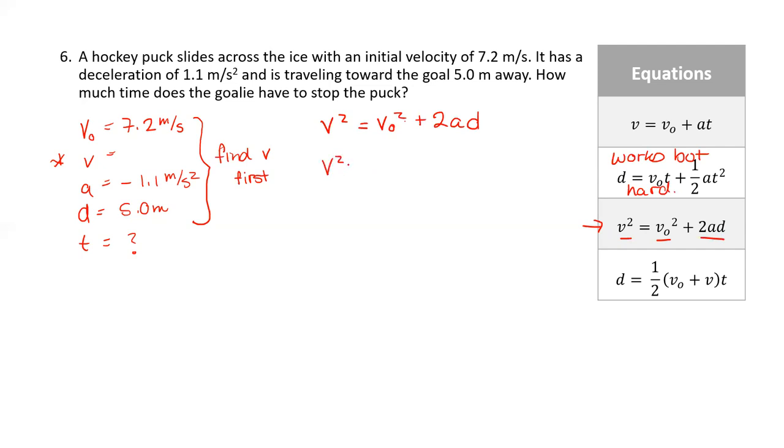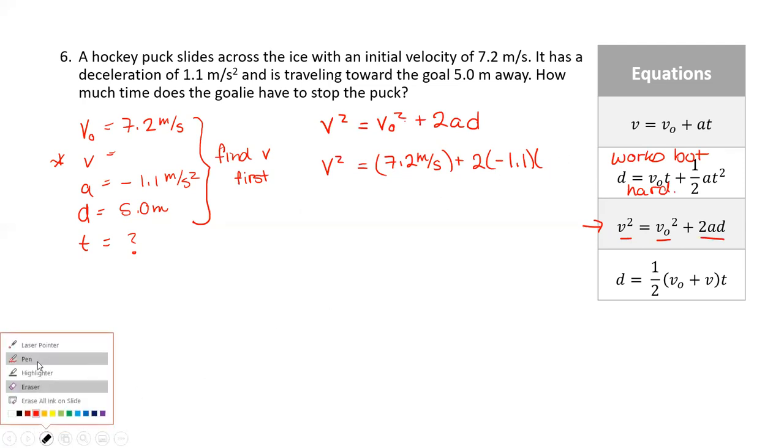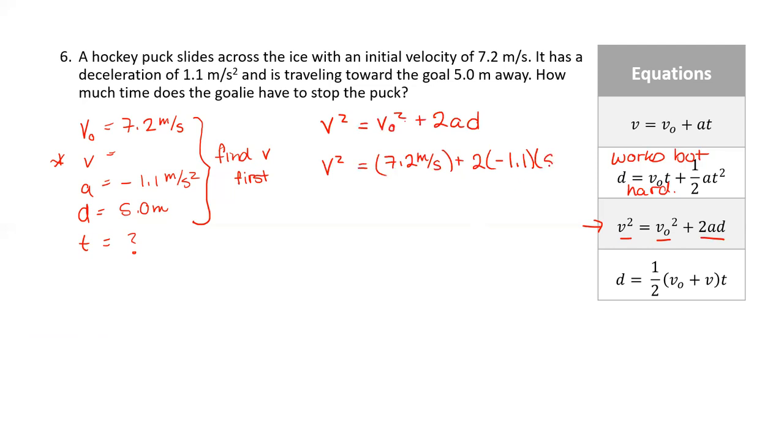Substituting in, we're looking for a final velocity, is equal to, our initial velocity is 7.2 meters per second, plus 2 times the acceleration of negative 1.1, don't forget that negative sign, times our distance. Oops, helps if I actually put the distance instead of the letter, times 5.0 meters. All right, I've left some units out just because I've run out of space.